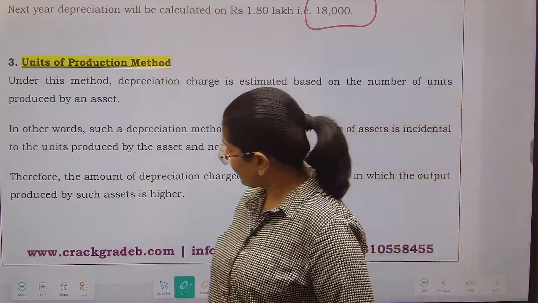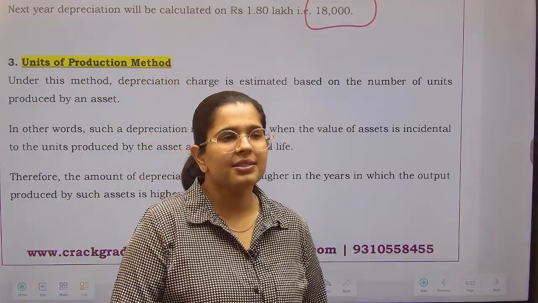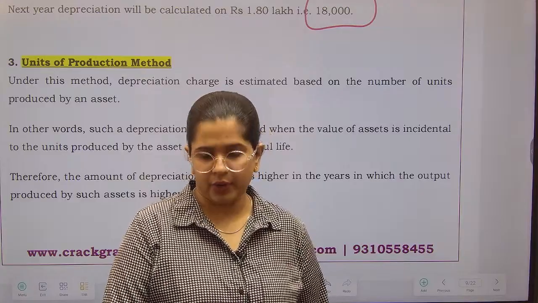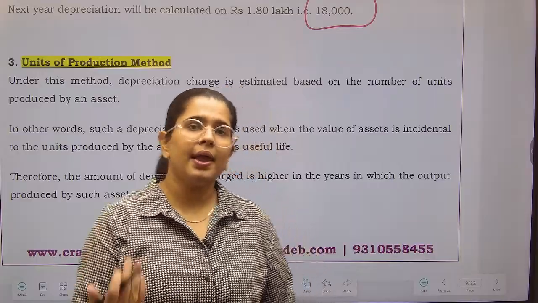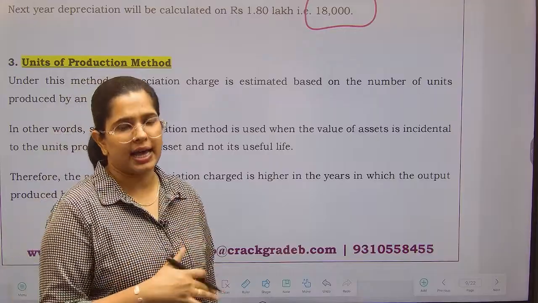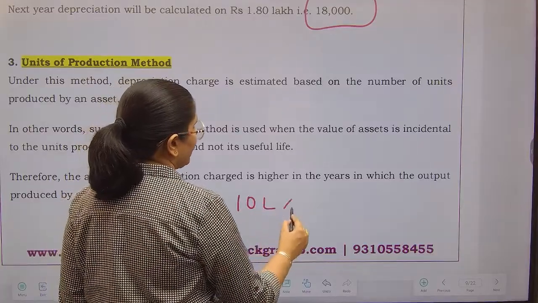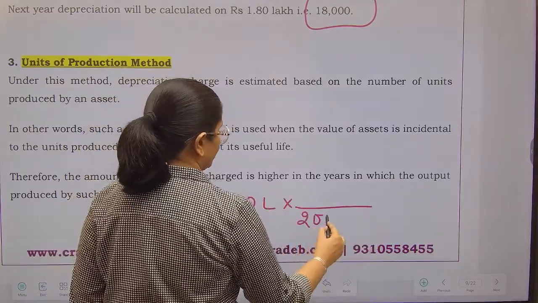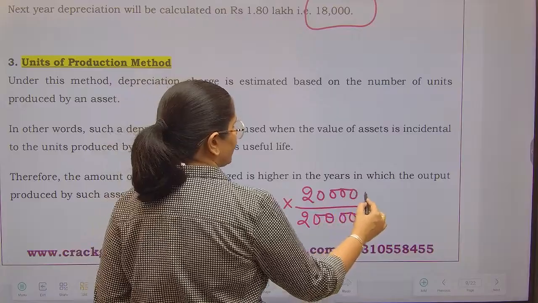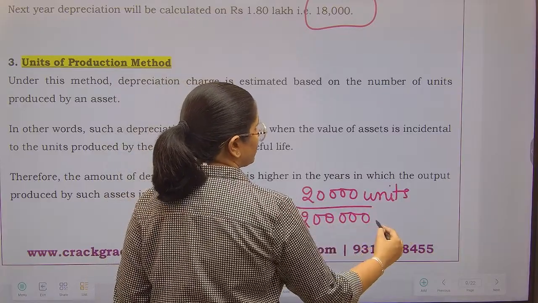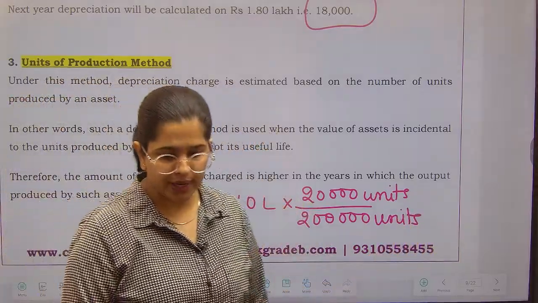This kind of method is useful if you are told that a particular asset can produce 3 lakh units. That is the capacity of the asset. So if I have produced 20,000 units this year, accordingly I should depreciate the asset. Suppose the cost of the asset is 10 lakh, and it is able to produce 2 lakh units throughout its lifespan, and this year I have produced 20,000 units. Don't you think I should depreciate it accordingly, because I have already used that much value?